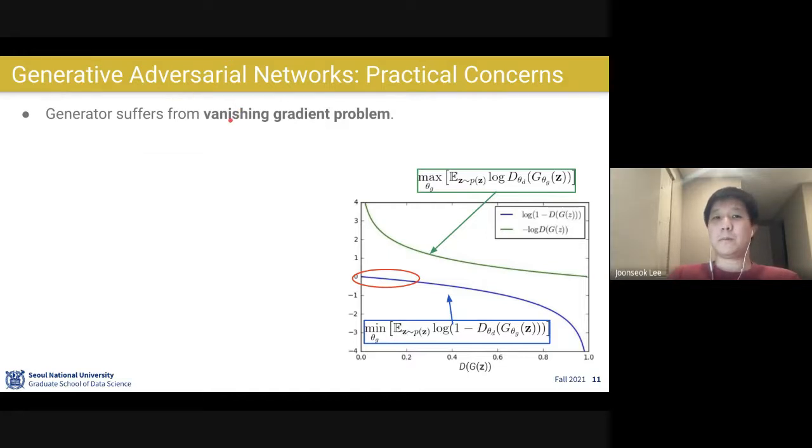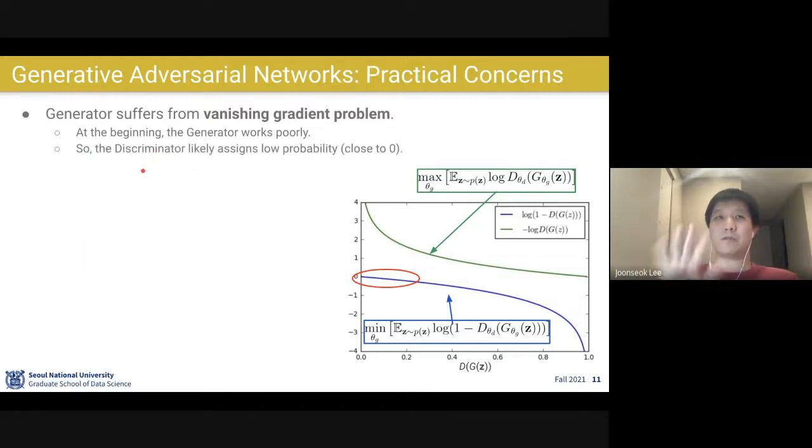And then if the generator draws something really poorly, what about from the discriminator's perspective? It's too easy, right? The discriminator can distinguish the real image versus the fake one really, really easily at the beginning, which means for those fake images, the probability will be almost 0, very close to 0.